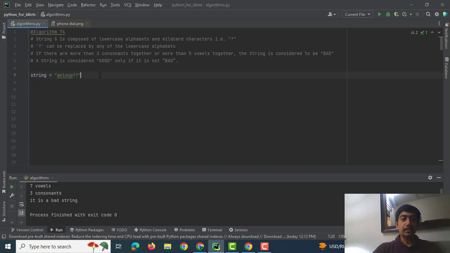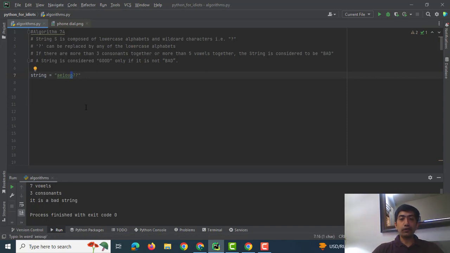So let me explain to you. A, E, I, O, U are vowels. So right now we know that we are dealing with vowels. So the toggle for vowels is switched on and the toggle for consonant is switched off. However, as soon as we reach P, it's a consonant.